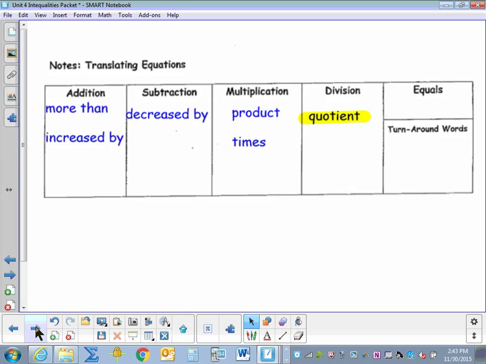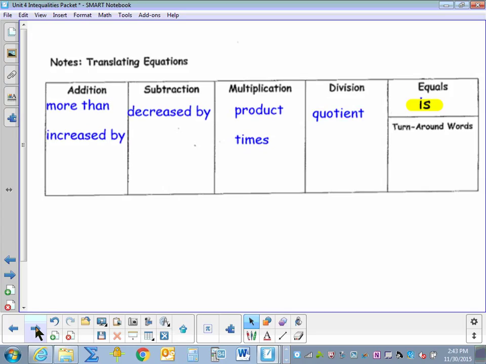For division, we can use the word quotient. For the word equals, we'll use is. We use the word is for the word equals.